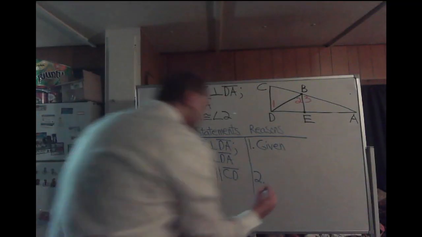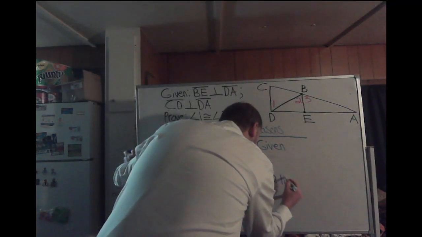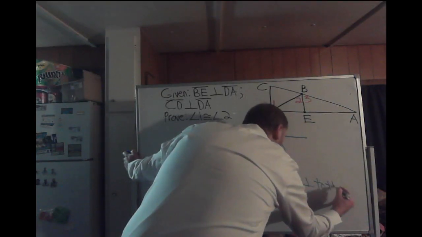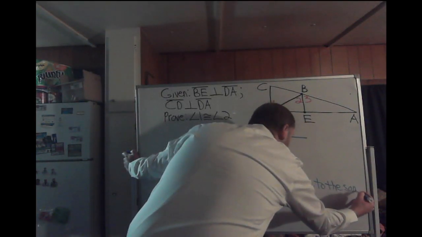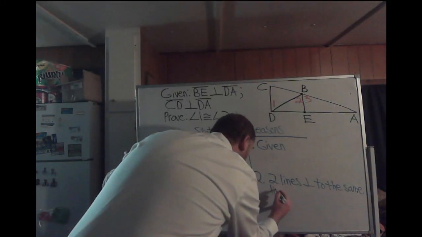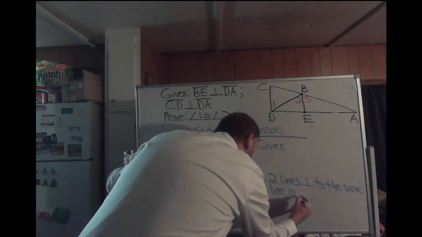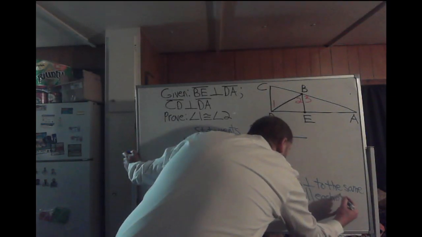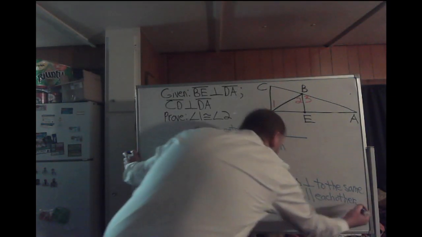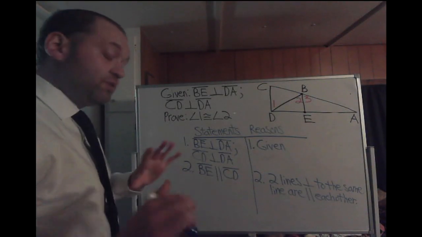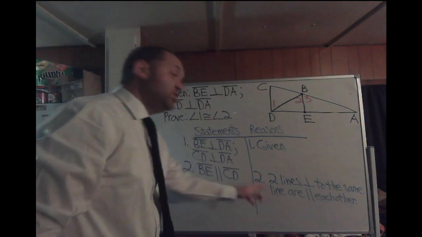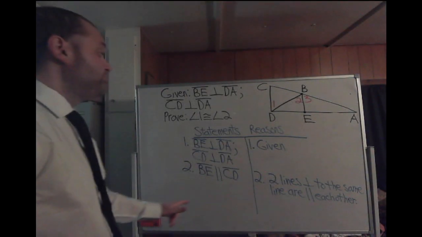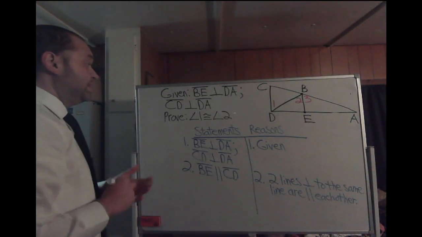By that theorem that states two lines perpendicular to the same line are parallel to each other. So by the theorem that states two lines perpendicular to the same line are parallel to each other, we can therefore conclude that BE is parallel to CD. Okay?